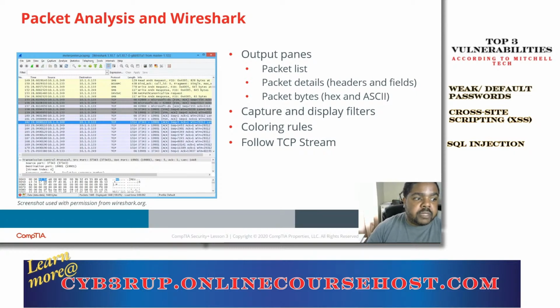In some cases, we can go into the packet and see if they have any type of payload within those packets. So it's a good tool to have to do reconnaissance, but it's also a good tool to understand how we can build our network to be as efficient as possible.